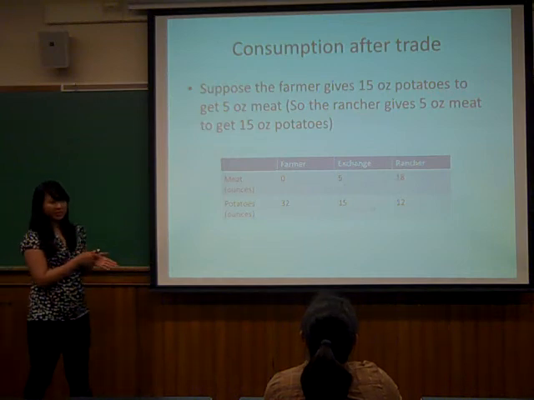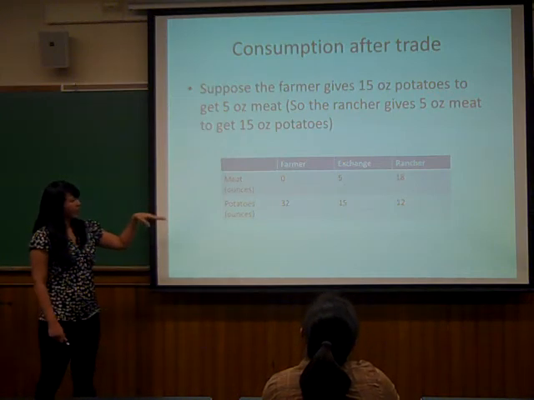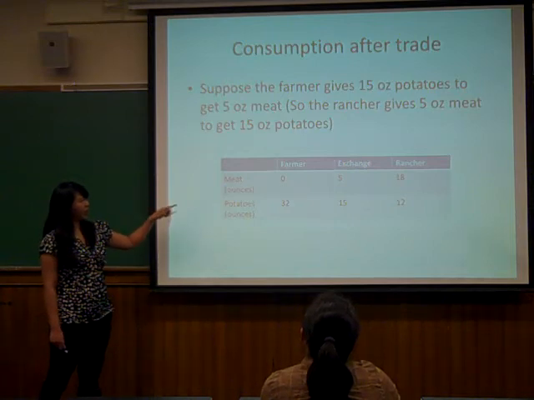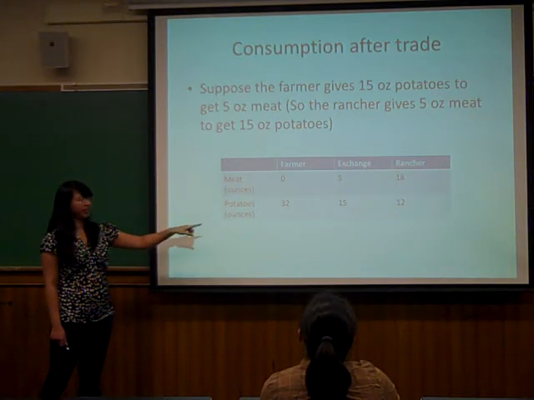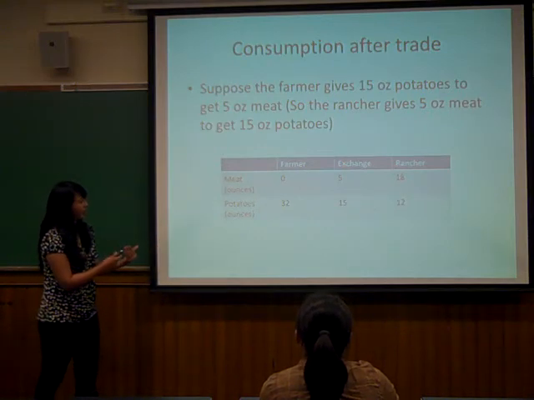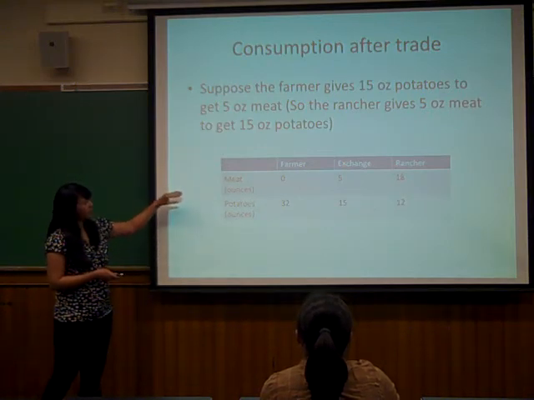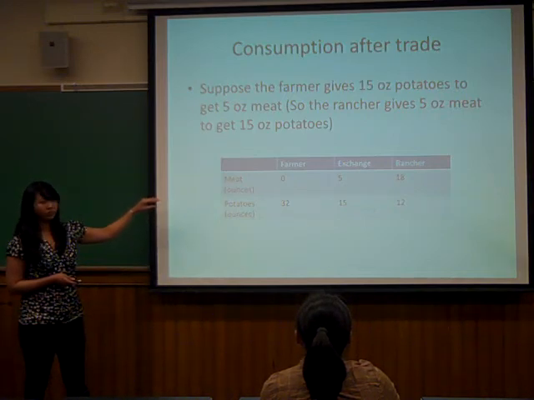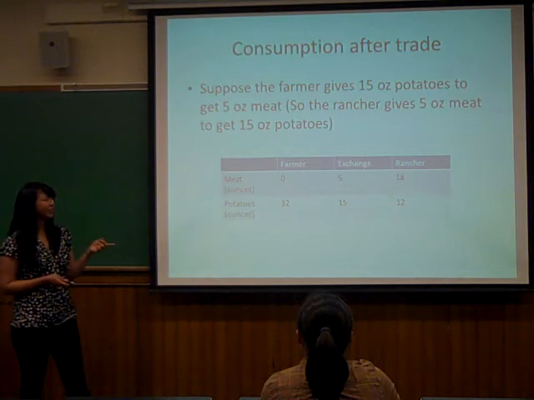And this is how they decide to trade. The rancher is going to give 5 ounces of meat to the farmer in exchange for 15 ounces of potatoes. So after this exchange, how much meat can the farmer consume? 5, right?